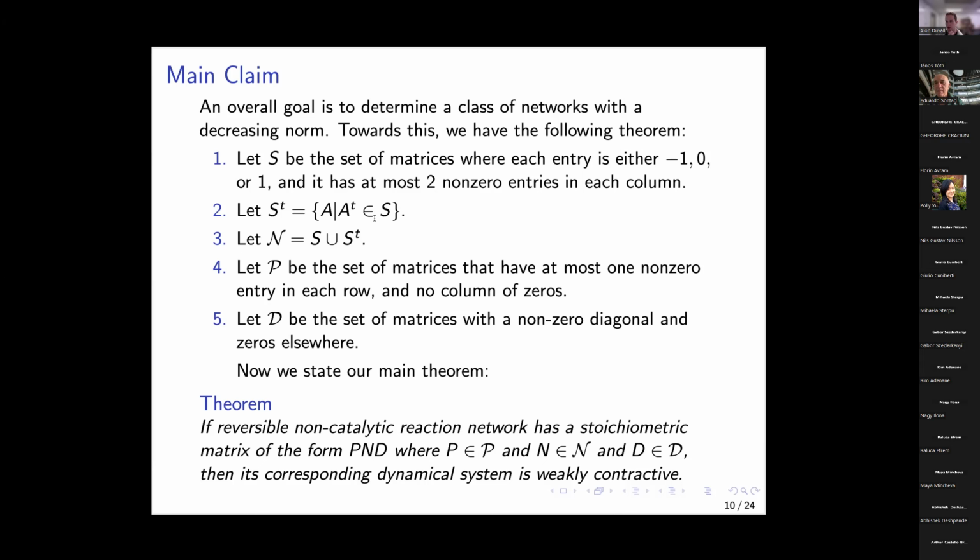Also, there are no catalytic reactions, and also in this set S, there are no 2 entries, but there are reaction networks with 2 coefficients in our main class here. There are reaction networks with 2, 3, 4, n coefficients. Right. So the matrix in the middle has some constraints, but you still are allowed this P and D matrices, right?